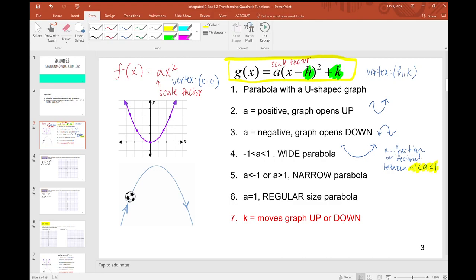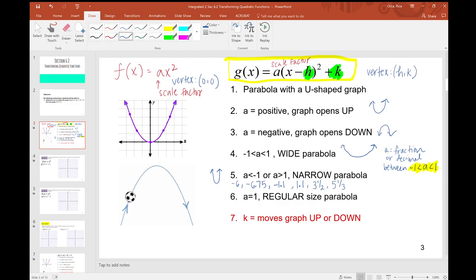A narrow parabola is when a is less than -1 or when a is bigger than 1. So a few examples of what a can be would be -6, -6.75, -1.1, 1.1, 3 1/2, 5 1/3.